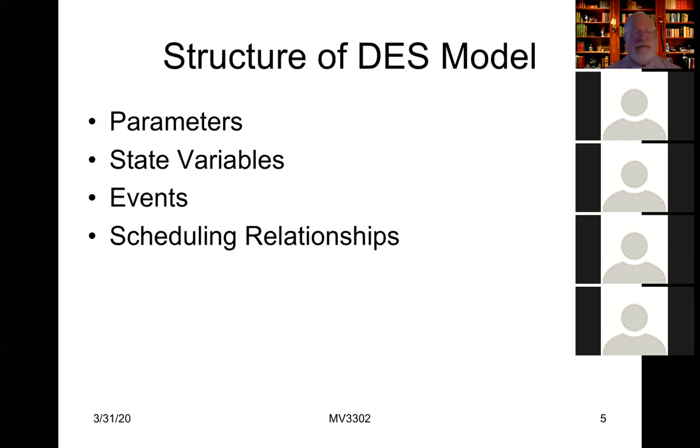Now, again, as a modeler, it will be your responsibility to define what these events do. That's really how you create this. To create a discrete event simulation model, we define the parameters, which are the values that do not change throughout a given simulation run. We'll see some examples of that.